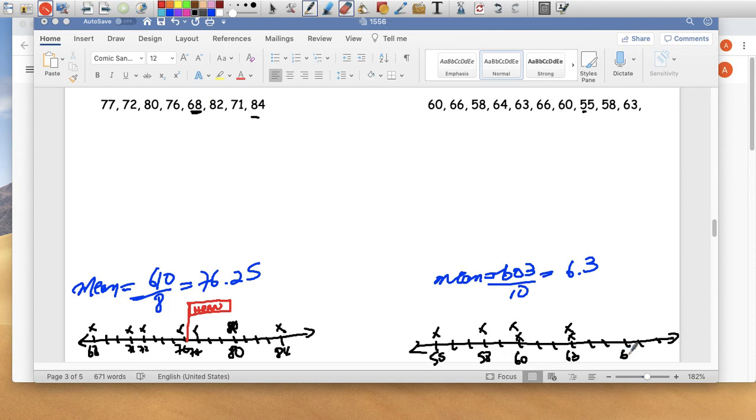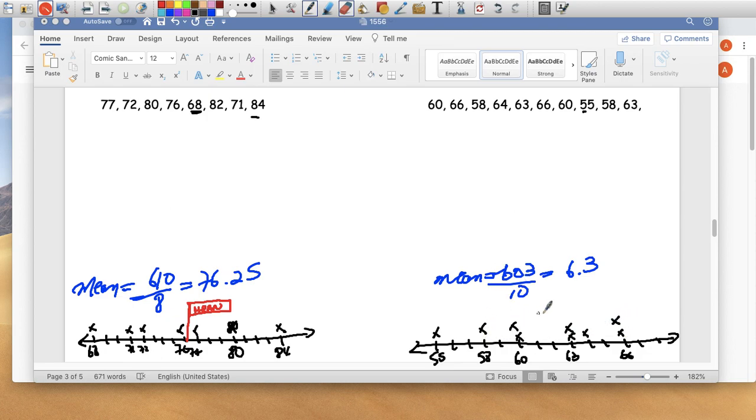There's a 66. There's a 64. There's a 58, I already put that. 1, 2, 3, 4, 5, 6, 7, 8. I'm missing two more. 58, 55, 60, 66, 64, 66. It's twice 66.